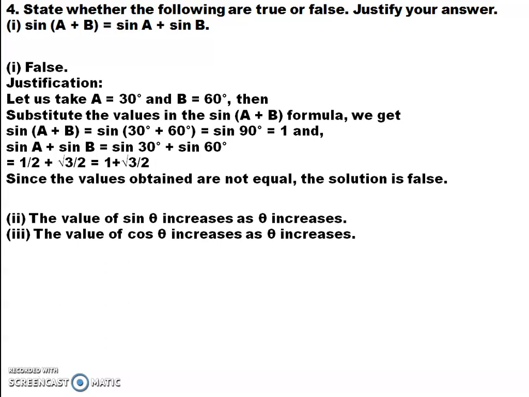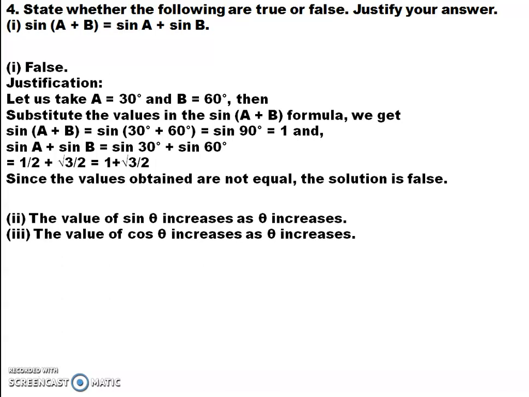Next, we have 2 questions. The value of sin theta increases as theta increases, and the value of cos theta increases as theta increases. For this question, to know whether it is true or false, what you have to do is go through the values of sin theta. Can you tell me what is sin 0?